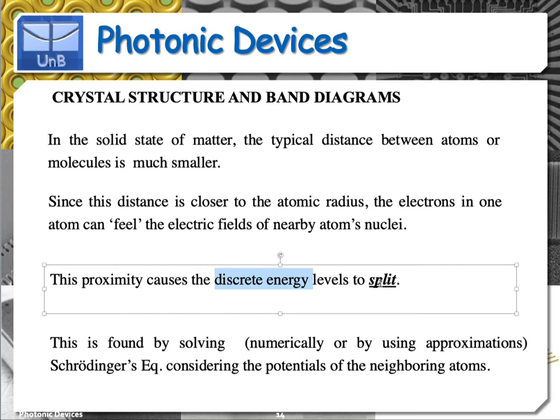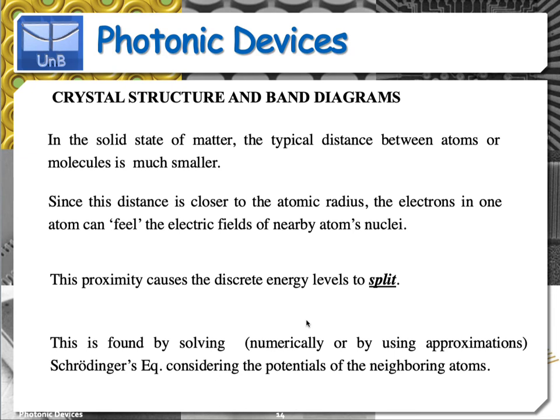If you have one isolated atom, it has discrete or quantized energy levels. When you bring these atoms together, the individual energy levels of the different atoms are going to split. Of course, this is sort of a phenomenological explanation, but this is what actually happens.